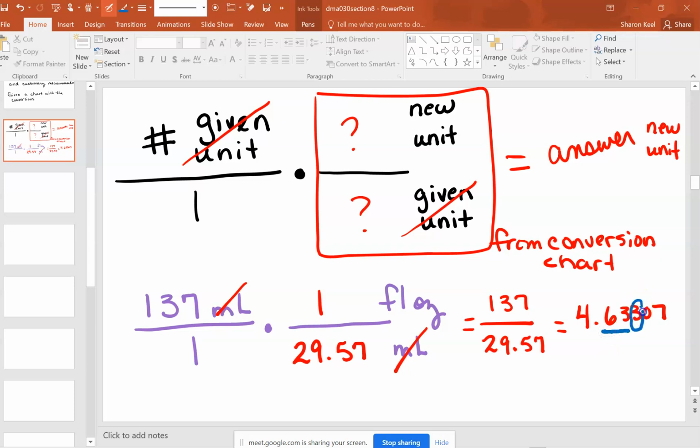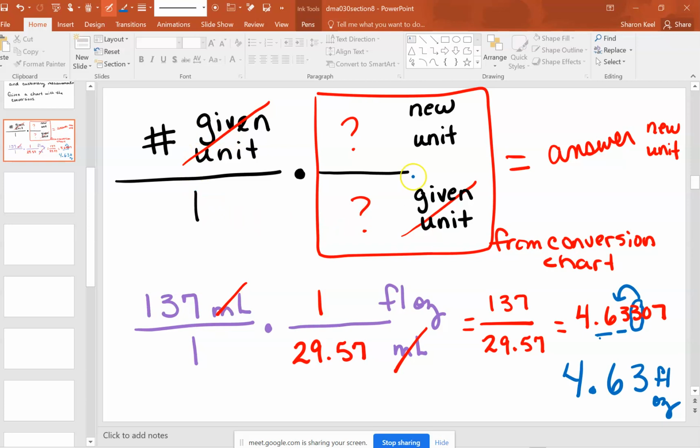We look at that third number to determine if it rounds up or stays the same. So there's our 1, 2 digits. So the 3 makes that 3 stay the same. So my final answer is going to be 4.63 fluid ounces.